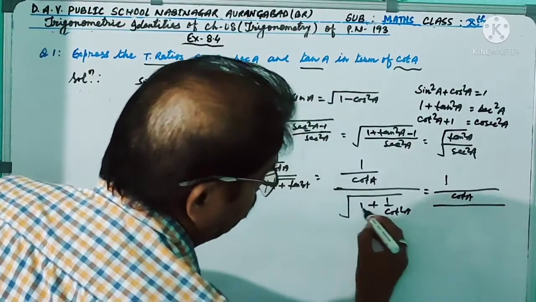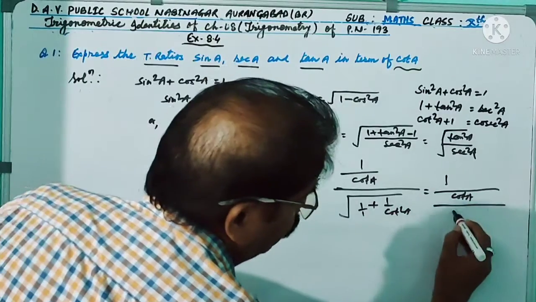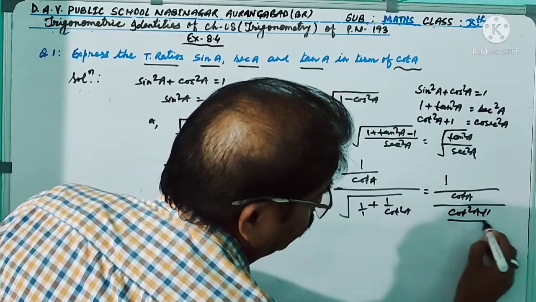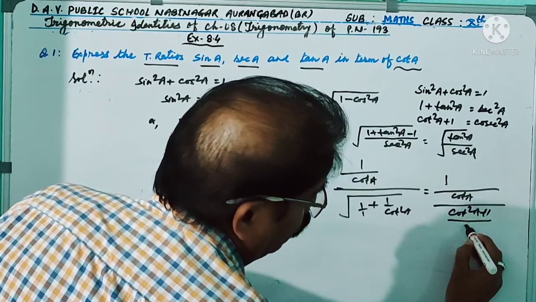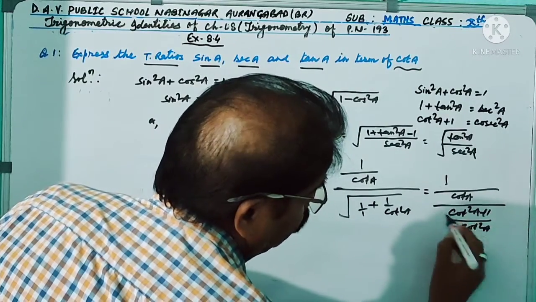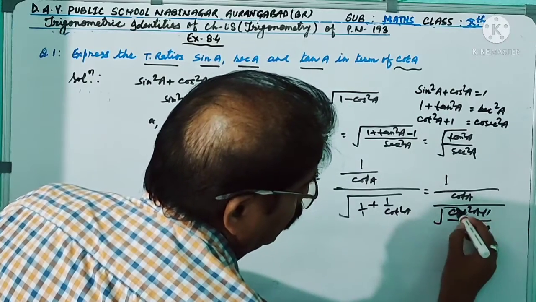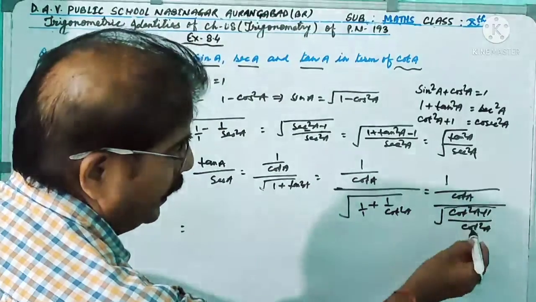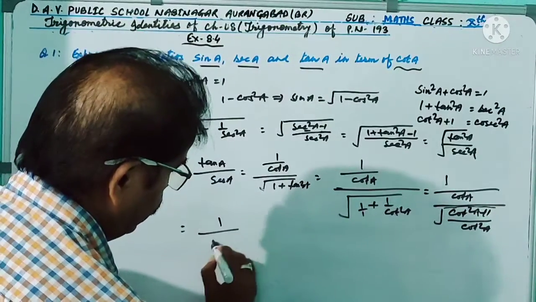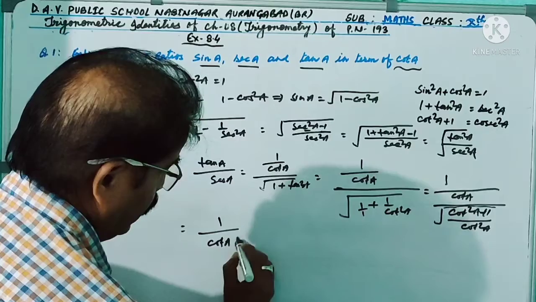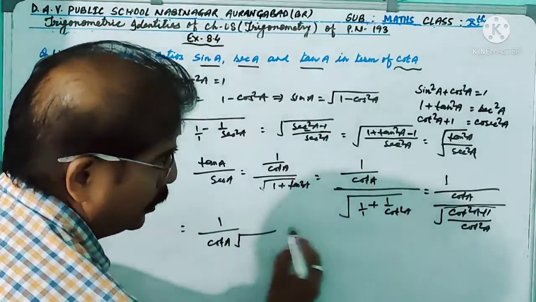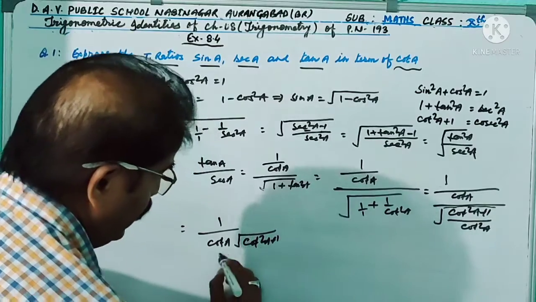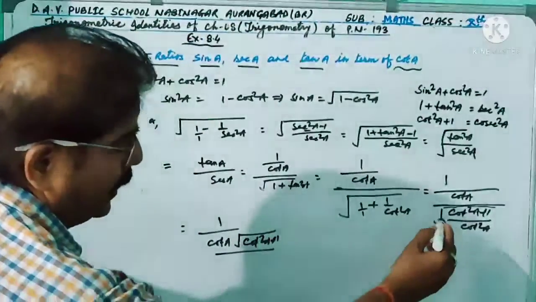Taking the LCM, cot square A plus 1 by cot square A under root, and so 1 by cot A into cot square A plus 1 under root.